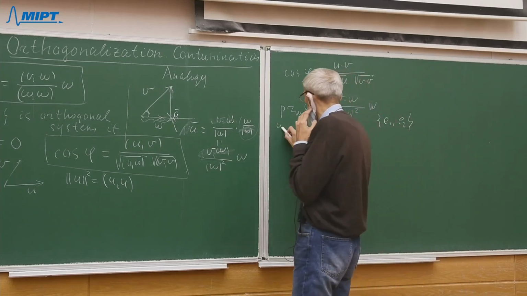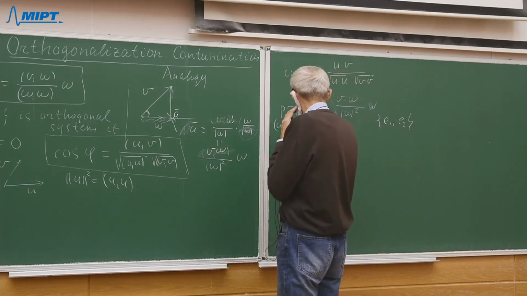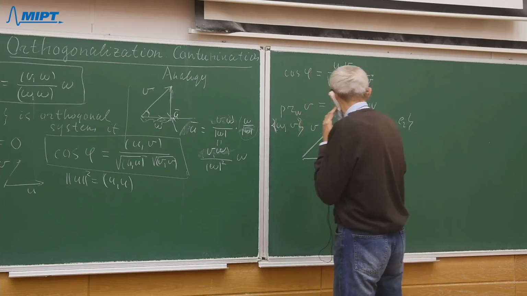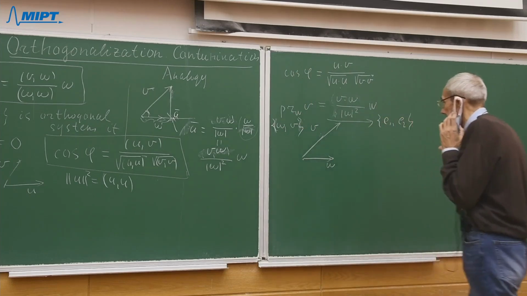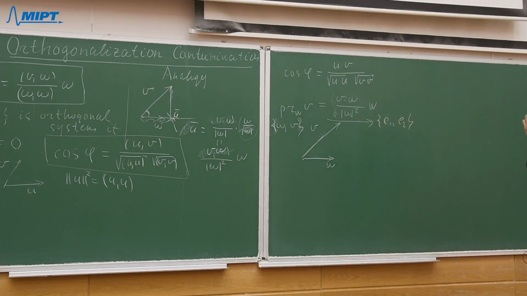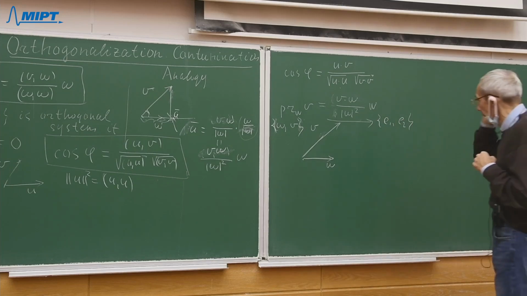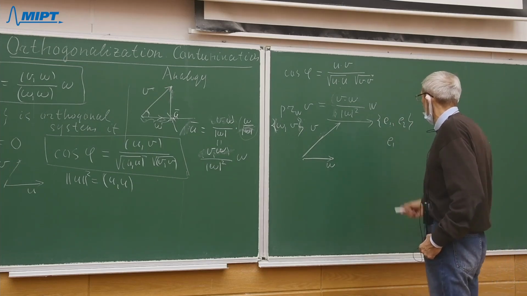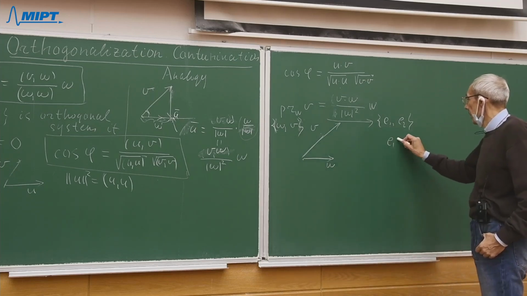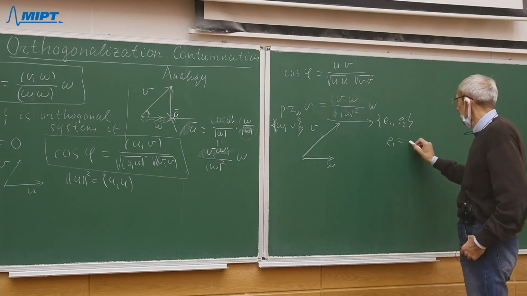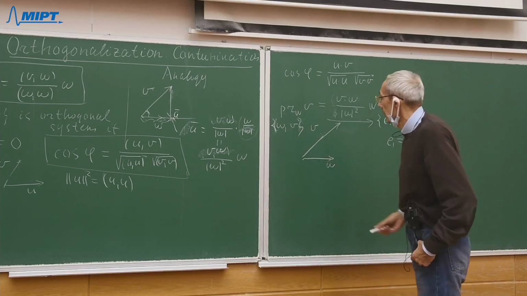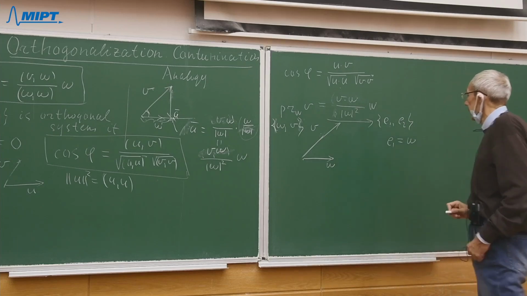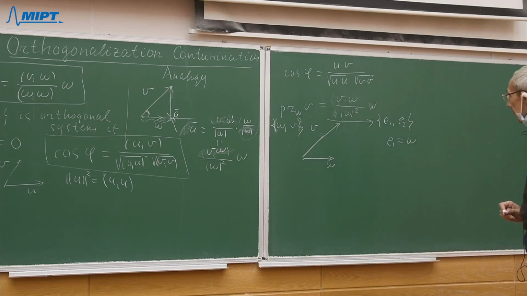We have an arbitrary system and our claim is to obtain an orthogonal system. I can put the first vector of this new orthogonal system e1 equal to the first vector of the initial system, let e1 be equal to w.